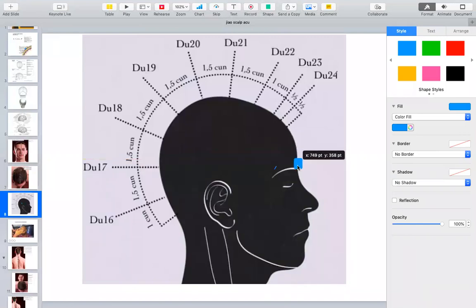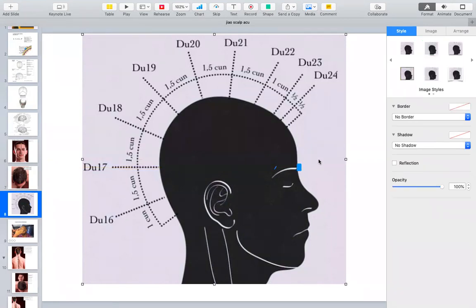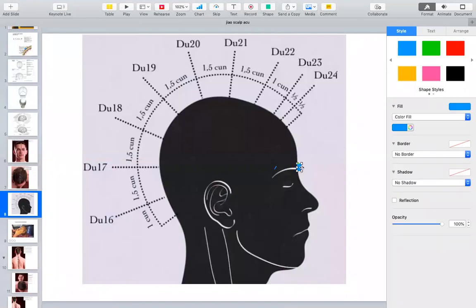Glabella means the third eye, the place between the two eyebrows. As per Dr. Jiao, if we measure from here, then follow this route and come to the back side of the head, till the location of DU17 here.